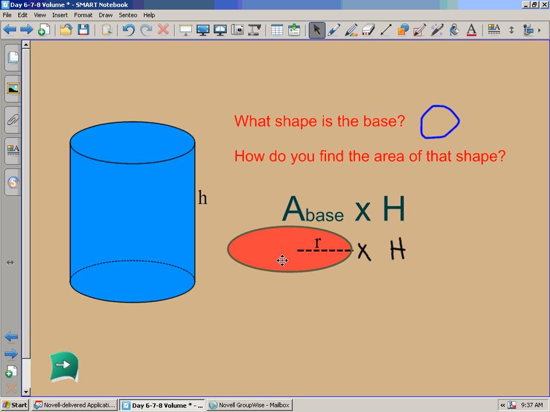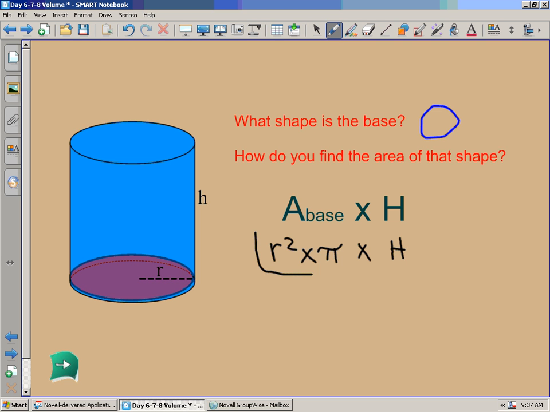Well, how do you find the area of a circle? R squared times pi. So if we look at our formula for volume, it's simply r squared times pi times the height.